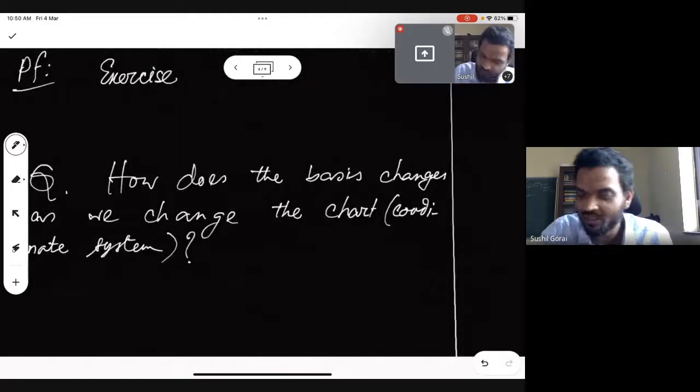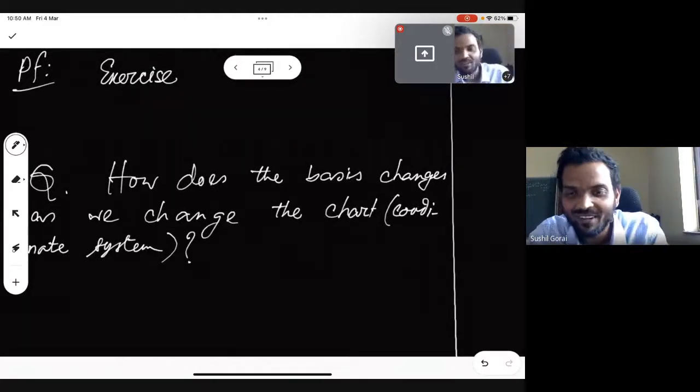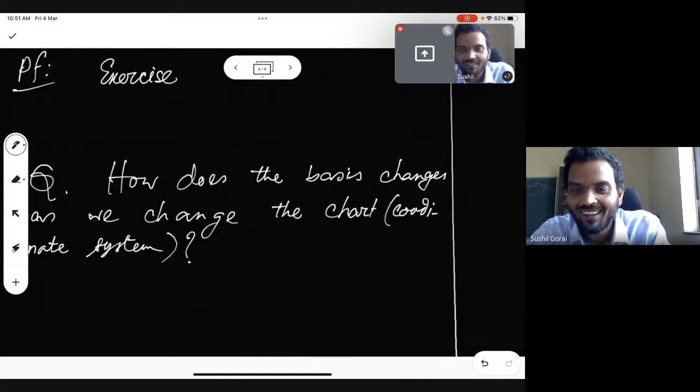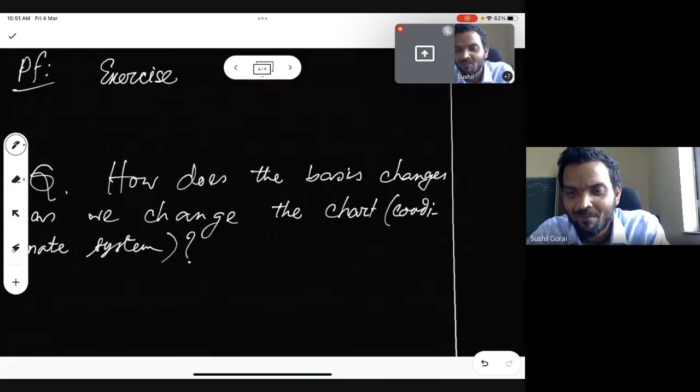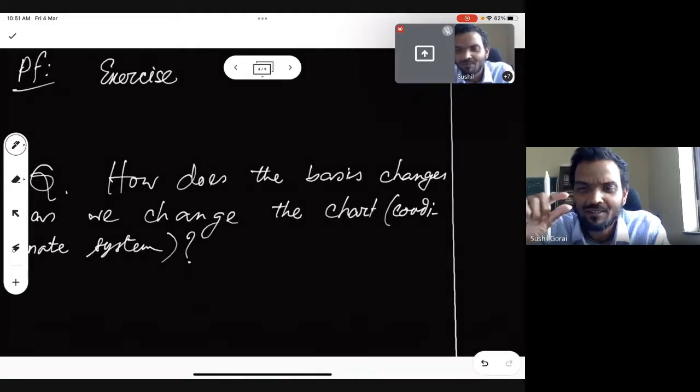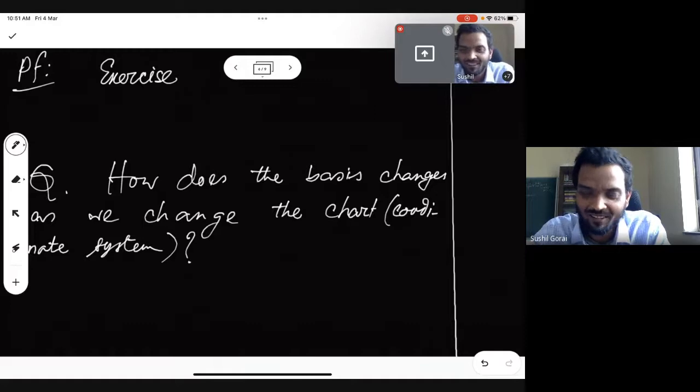You might want to see, so we are talking about coordinate system, right? And how do you explain coordinate system to common people? If you see a few pages of Einstein's theory of relativity, there is this small book he has written for the general public.